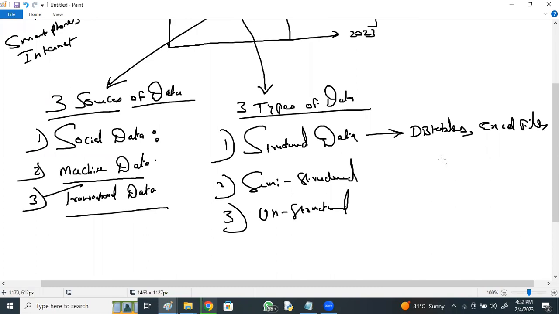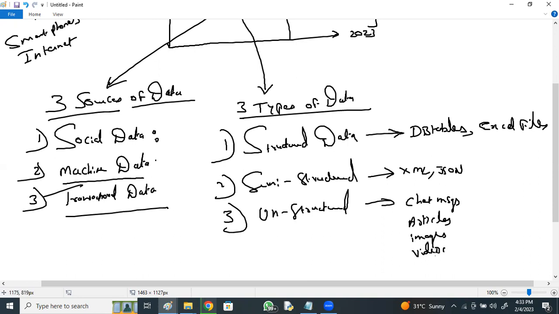Semi-structured means data which is not fully structured and not fully unstructured, like XML data and JSON data. And unstructured data includes chat messages, articles, images, and videos.